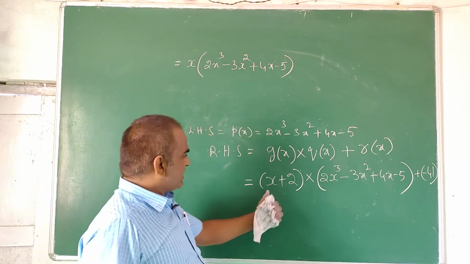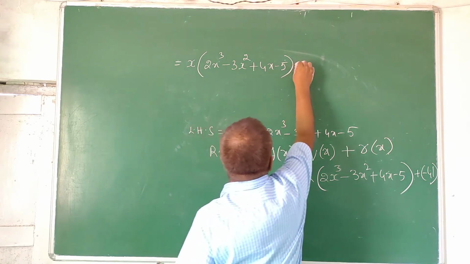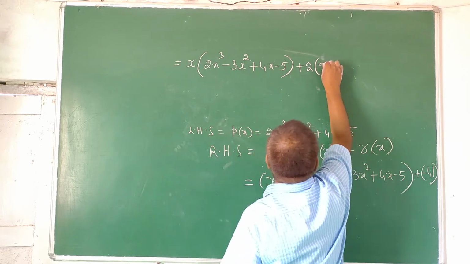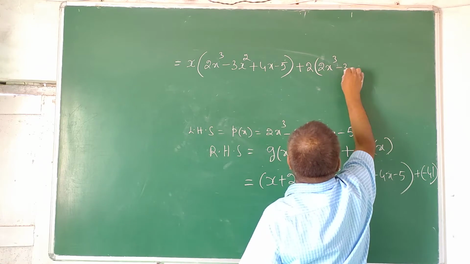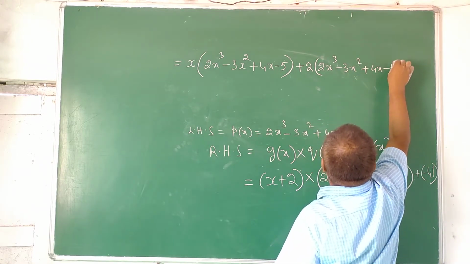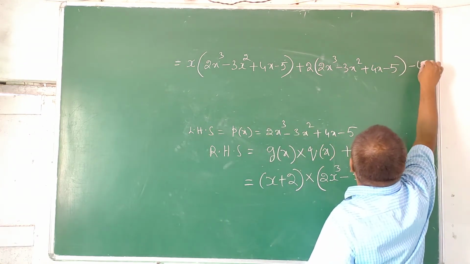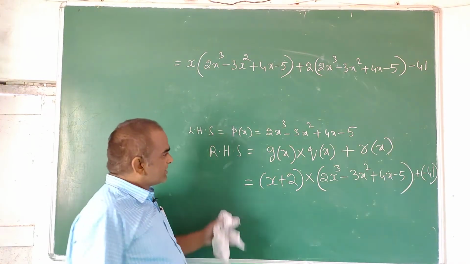Are you following? X into this whole thing. Now plus 2 into this whole thing, 2x cube minus 3x square plus 4x minus 5, plus into minus minus 41. Okay?